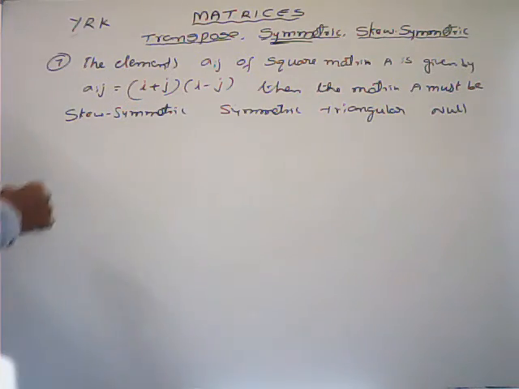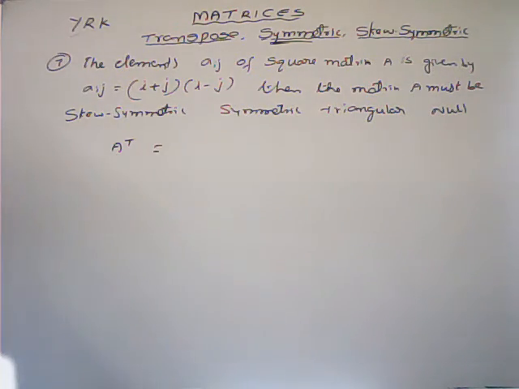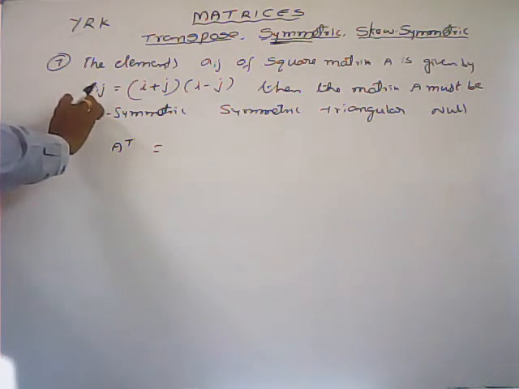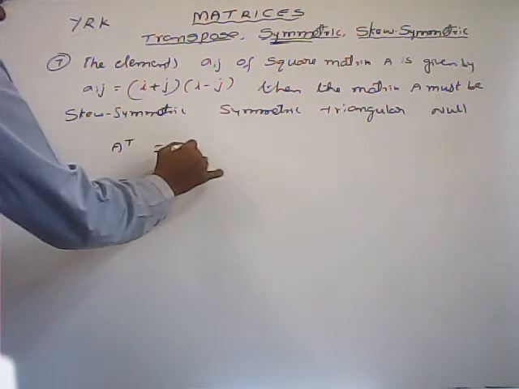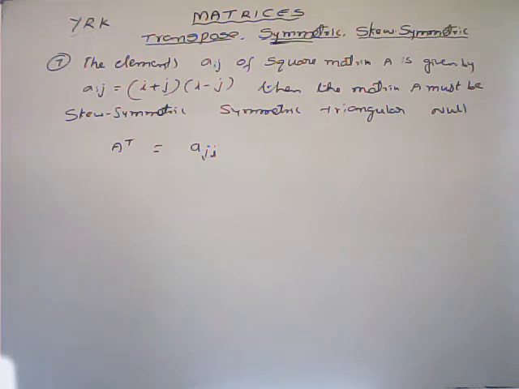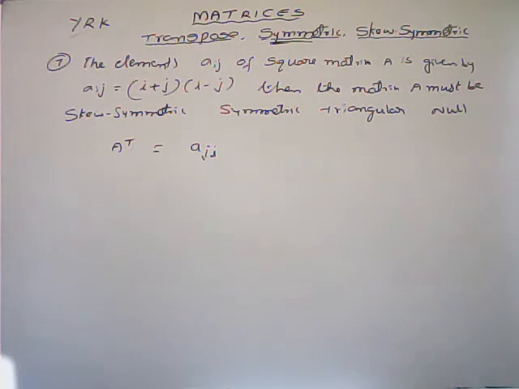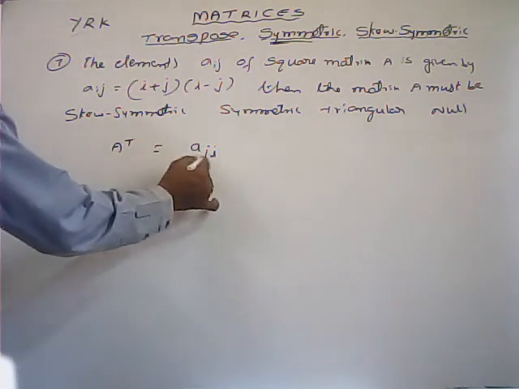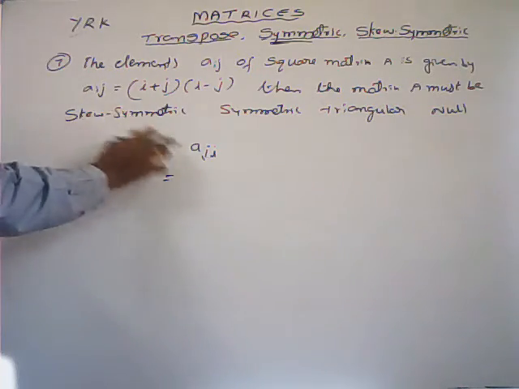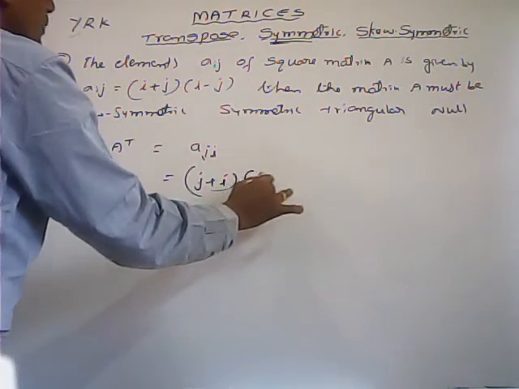So here I am finding the transpose of A. The ith row jth column element of A transpose should equal the jth row ith column element of A. Aij is given, so replace i by j and j by i. We get (j plus i) into (j minus i).